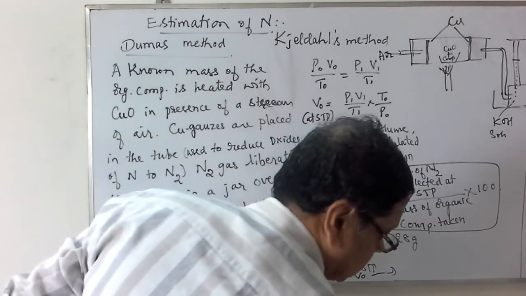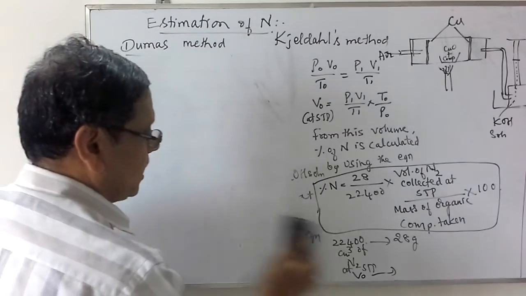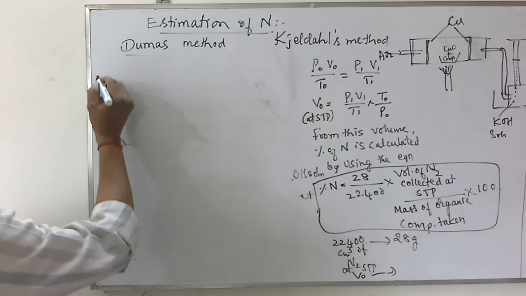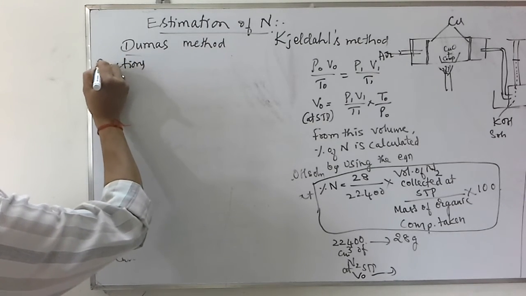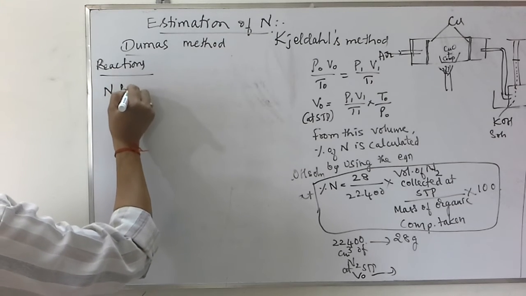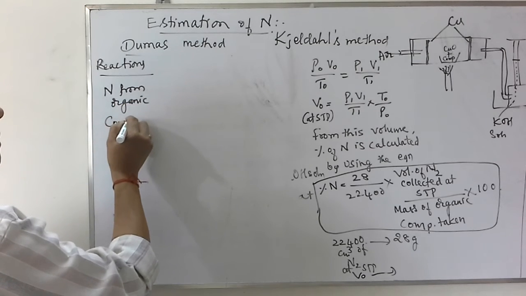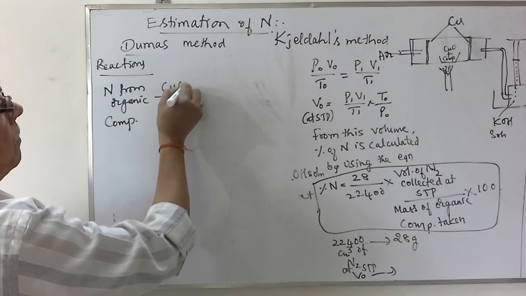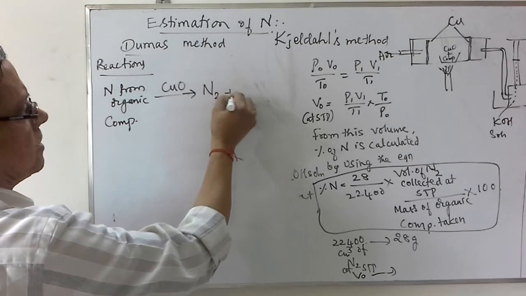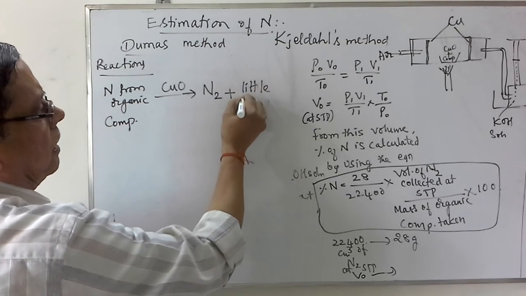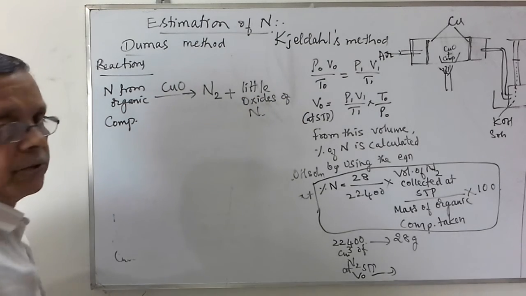Now let us consider some reactions involved in this estimation. Nitrogen from the organic compound, by heating in presence of cupric oxide, gives nitrogen gas plus a little oxides of nitrogen.